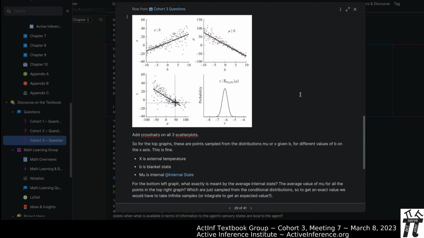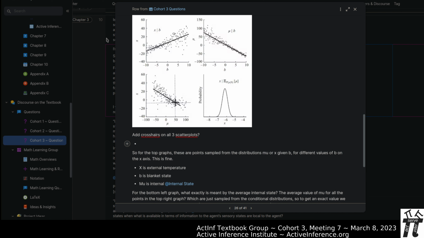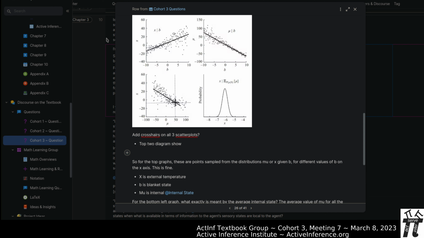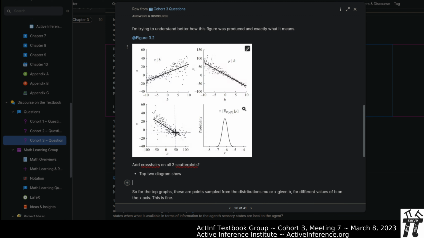Well, actually, I think I kind of disagree with the final conclusion that there need to be crosshairs in the top two diagrams, because I might have misunderstood this, but I think the top two diagrams show one axis that is just the blanket state, and the other axis is external, and in the other one is just the internal state.